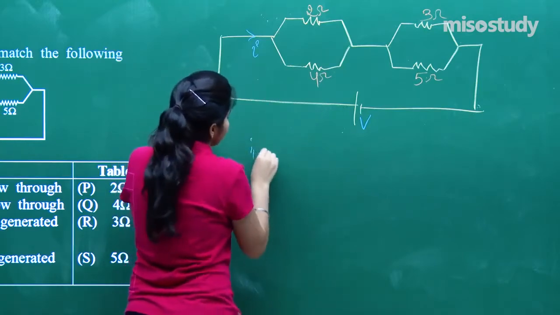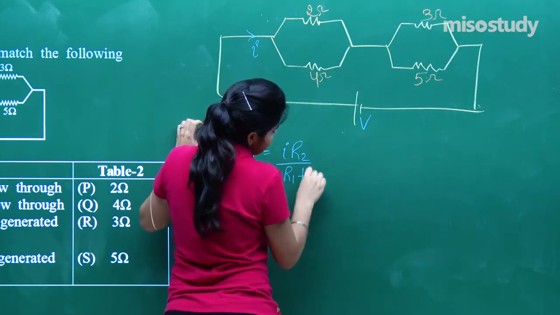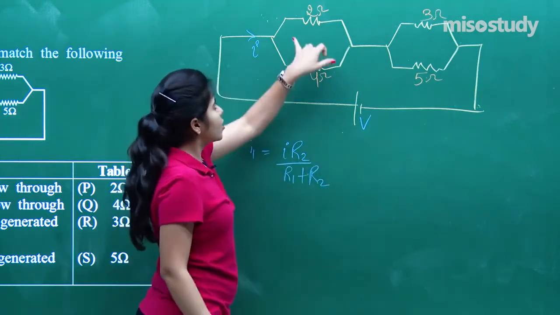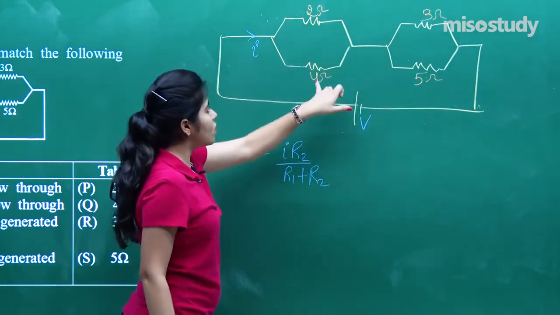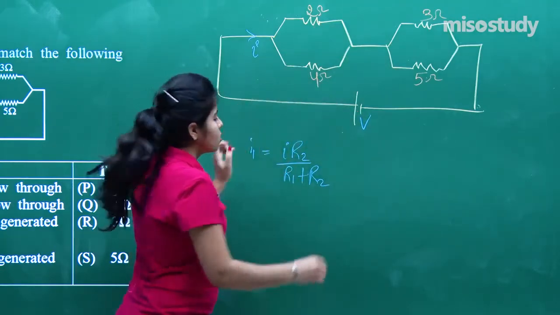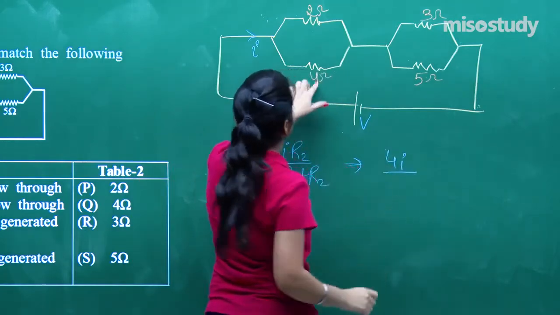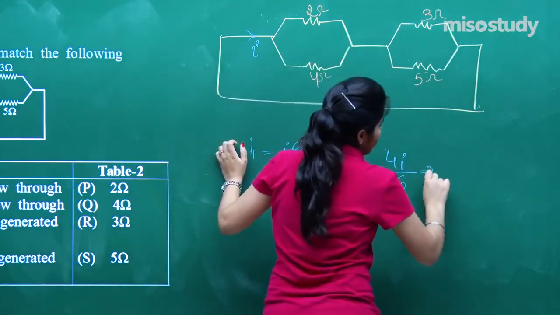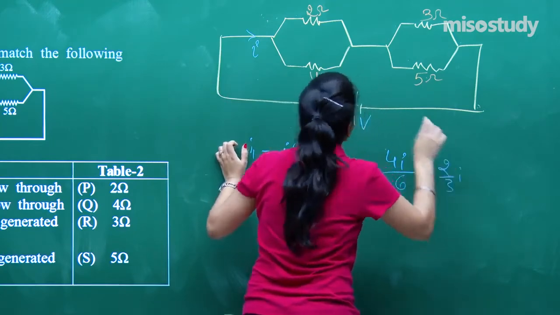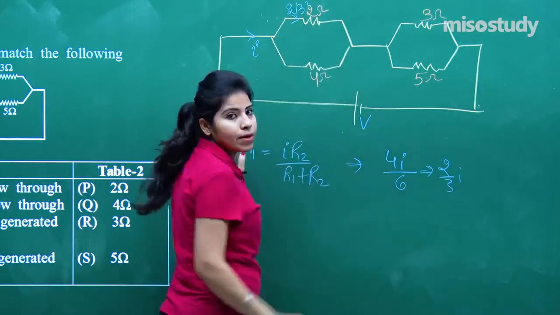We know that the formula for I1 is I into R2 upon R1 plus R2. Now here your I is I, your R2 will be 4 and R1 plus R2 is 2 plus 4. So that is 4I upon 6, or you can say 2 by 3 I. So here 2 by 3 I current is flowing, right?